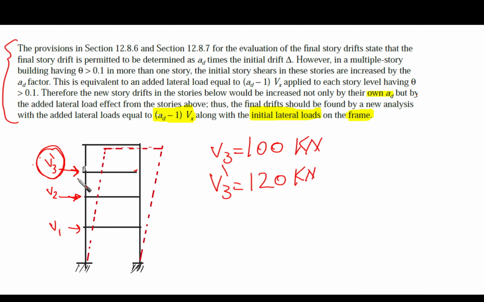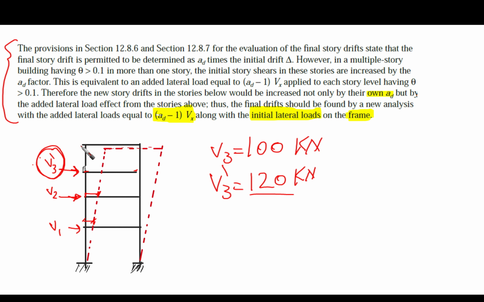Actually, this building will have 120 applied here. This means that 20 kilonewton additional loading has been added to the third floor, and it will affect the displacement at the second floor and the displacement at the first floor, right? So that's the case that we want.